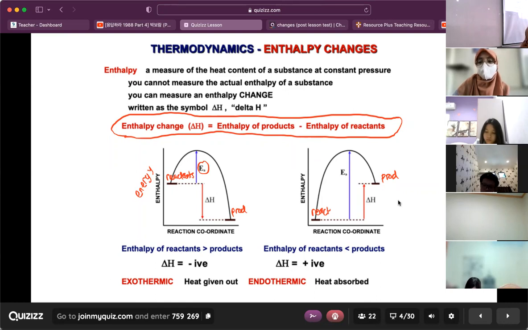Activation energy is the minimum energy needed to make the reaction occur. Please do remember that. Whether it is exothermic or endothermic, we still need activation energy. Okay, please take note.